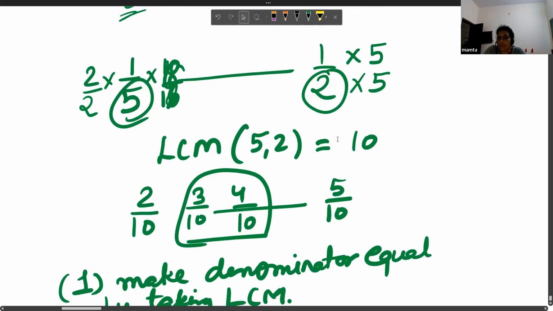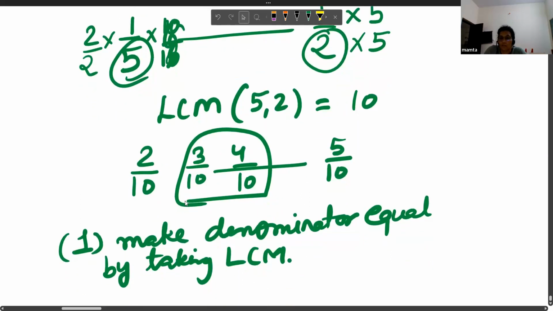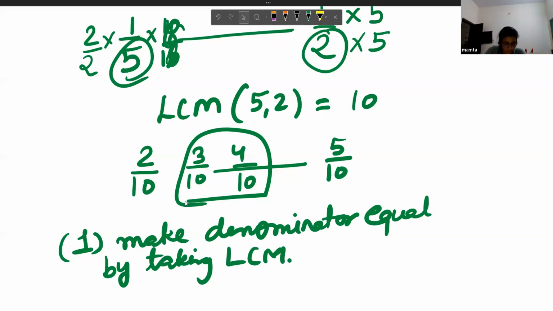By multiplying 5. So it will change to 5 by 10. Now the denominator is same. Just see the numerators and write the numbers between these two numerators. Understood, children? Anubhav, is it clear? Yes, ma'am.